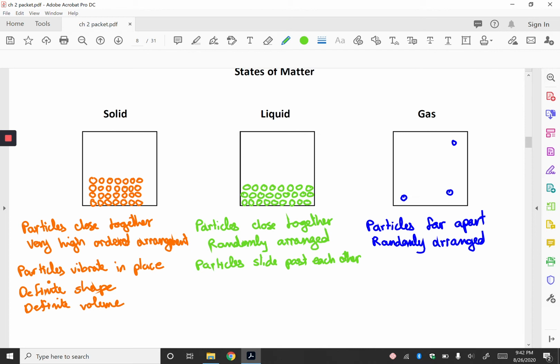So you guys are still close to each other, but now you are kind of moving randomly, and you are able to slide around each other and change your position when you are dancing. And so the particles can slide around each other, and because they are able to slide around each other like that, they're not stuck in their spot, they are able to take the shape of the container.